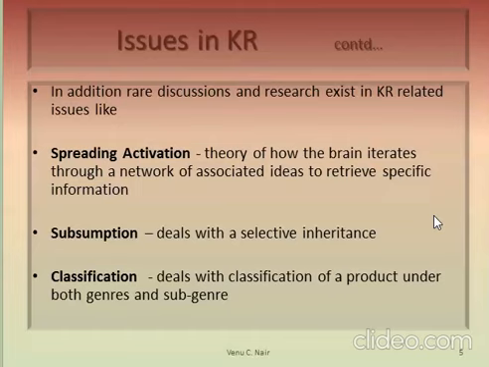Whenever we are going for subgroup, we can minimize the number of things to be searched for making decisions. So the knowledge in that case can be reduced, or the bulkness of the knowledge can be reduced. So these are also issues concerned with knowledge representation.